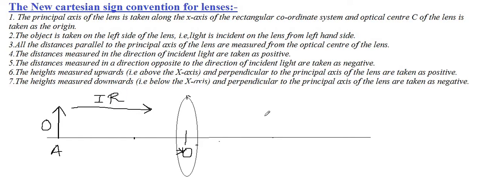Now remaining sign convention is related to the size of image. Now what is size of image? Suppose we have drawn, suppose we obtain the image for object O at this point.